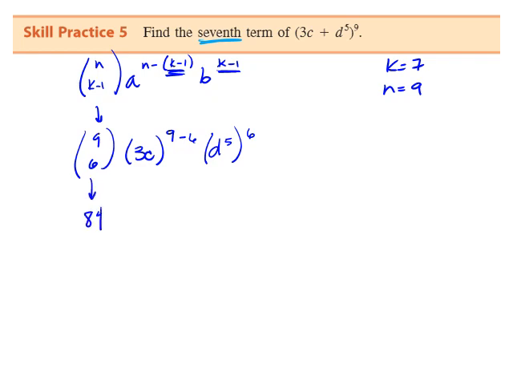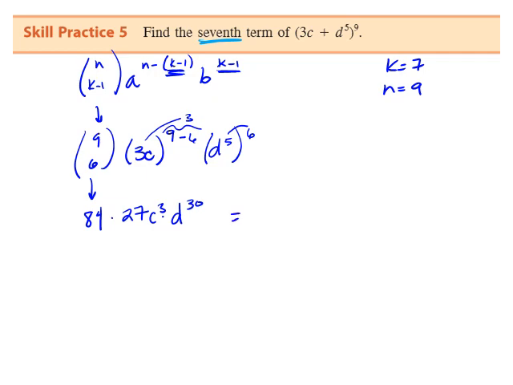This is 84. This is just 3, so 3c cubed. 3 cubed is 27 times c cubed. Power to a power, you multiply, this is d to the power of 30.